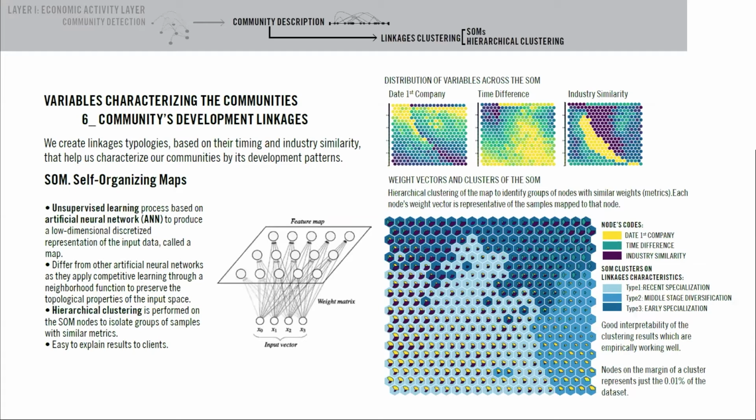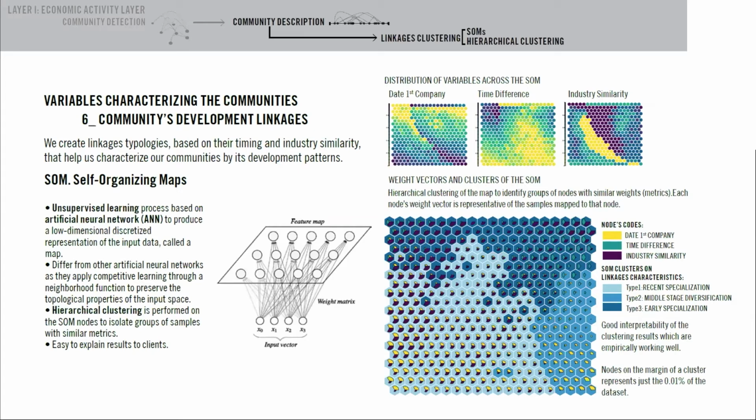Then, in order to identify groups or clusters within these linkages, based on these 3 variables, we applied an unsupervised learning process called self-organizing maps.